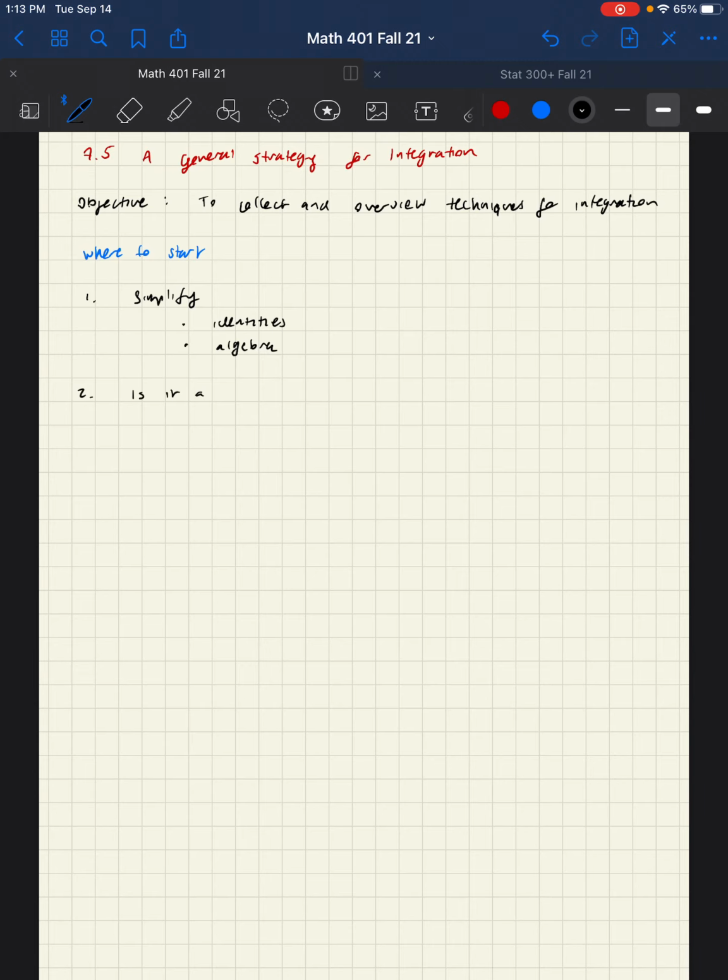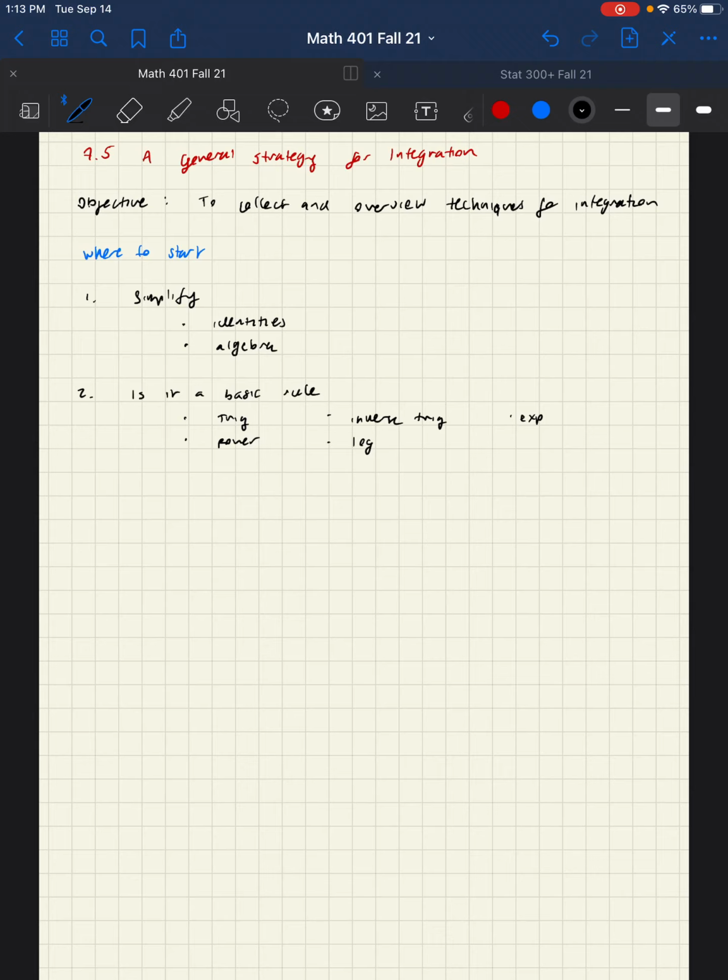Our second thing to look at is: is it a basic rule? We have a standard table of integrals, where we have the basic trig rules, the power rule, the inverse trig rules, logarithm rules, exponential rules, and so on.